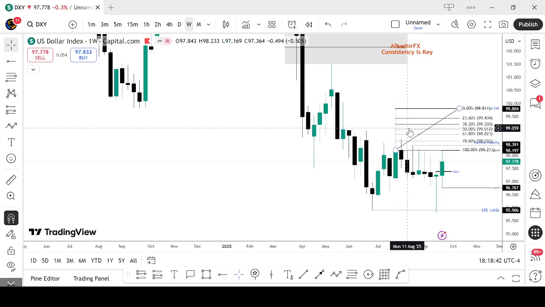We have our 50% around the high of this candle week. Now if price gets to each of these levels, price is going to reject it and go higher, because each of those levels is a liquidity level.